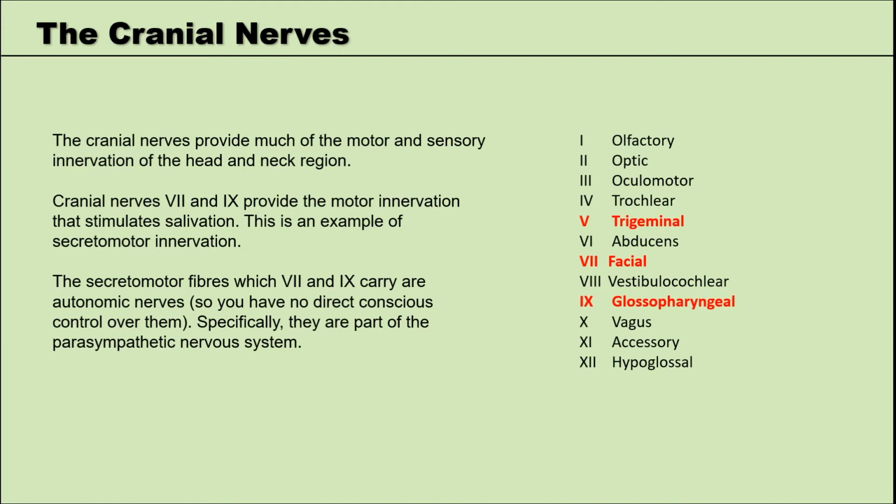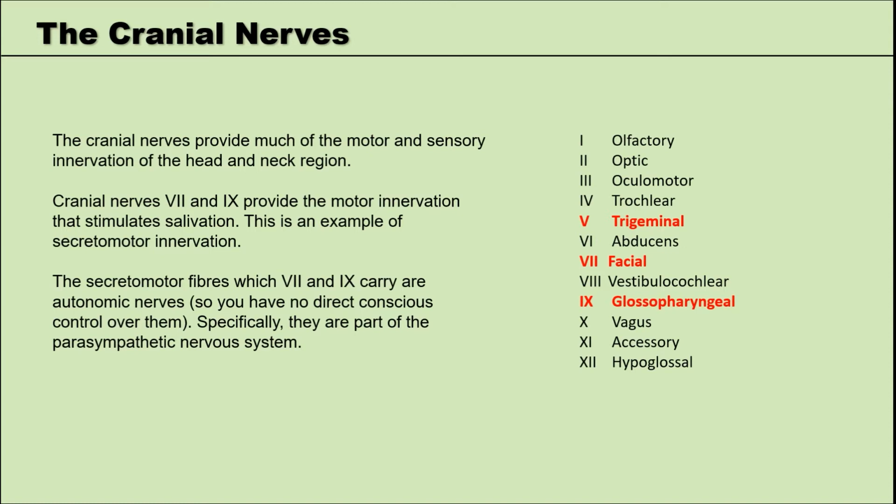In some cases, there are lots of named branches, for example in the trigeminal nerve. Today we'll be looking at the nerves that cause the major salivary glands to secrete. The nerve fibres stimulating secretion are called secretomotor fibres. The ones supplying the salivary glands run in the facial nerve, which is cranial nerve 7, and the glossopharyngeal nerve, which is cranial nerve 9.